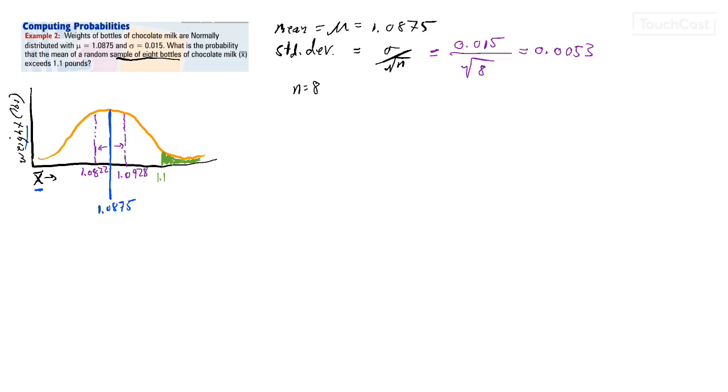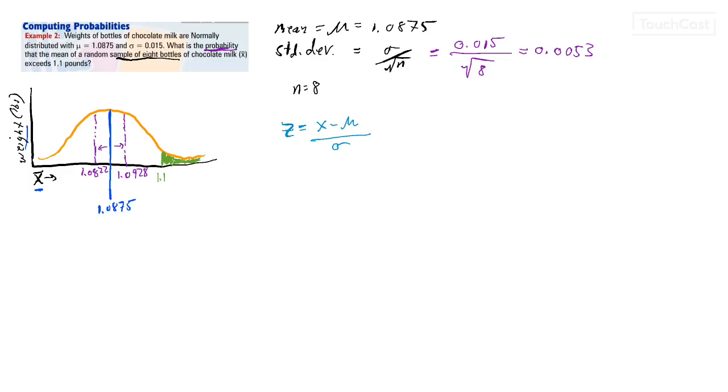As you recall, the question specifically asked for the probability that the mean of the random sample exceeds 1.1. So I need to determine the z-score of this value. Recall that the z-score is equal to x minus mu over sigma. This is a standard z-score, but in our case we're looking at the mean of a random sample.